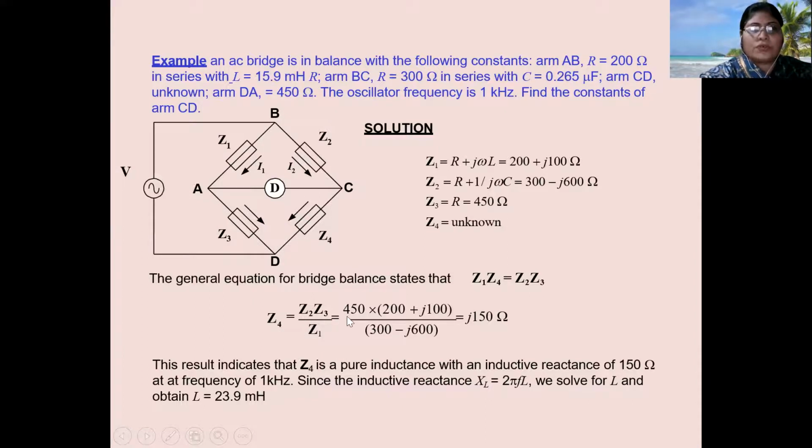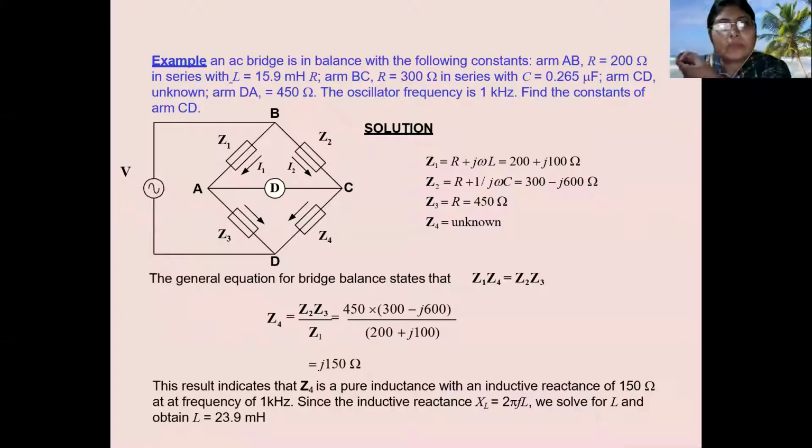The value of Z3 is 450 ohm. The value of Z2 is 300 minus j600. So put the values of Z2, Z3 and Z1. Z2 is 300 minus j600, multiplied by Z3, which is 450 ohm, divided by Z1.